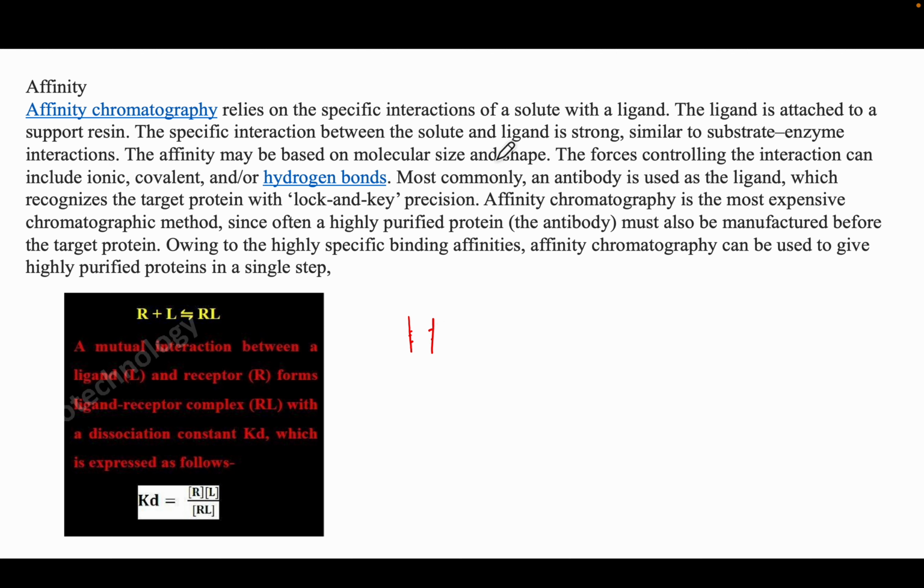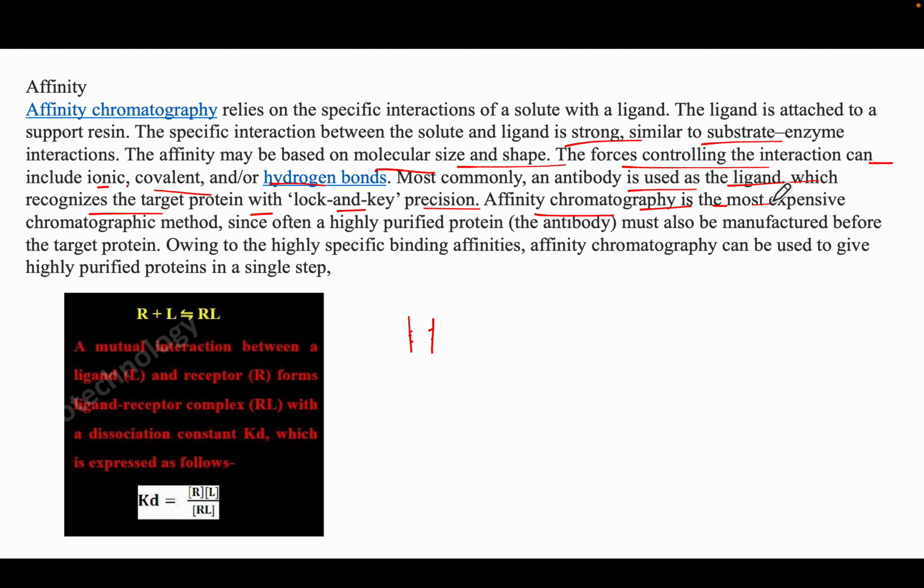The specific interaction between the solute and the ligand is strong, similar to substrate enzyme interaction. This affinity may be based on molecular size and shape also, so shape complementarity comes from affinity chromatography. The force controlling the interaction can include ionic, covalent and or hydrogen bonds. Most commonly, an antibody is used as a ligand which recognizes the target protein with lock and key precision.